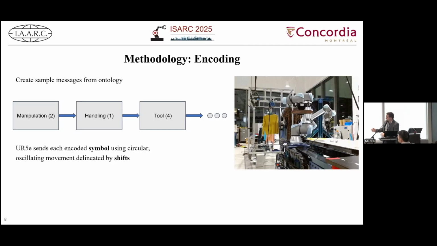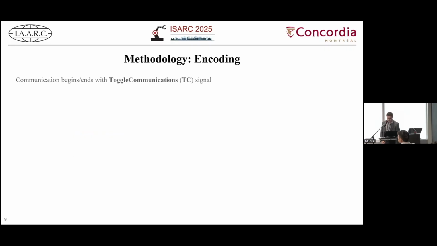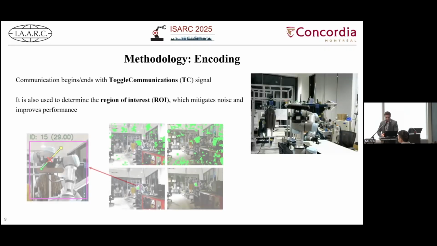And then we send the sample messages. Each of these symbols is a piece of a circular motion, and the oscillating motion is delineated by these shifts in direction. I'll explain a little bit more about that later.